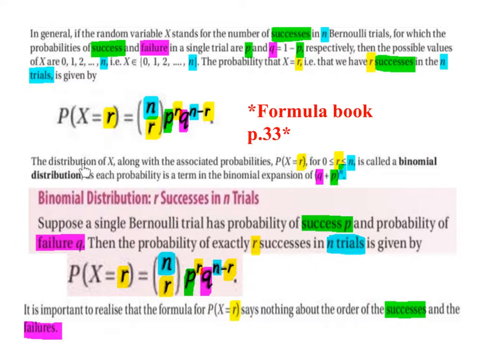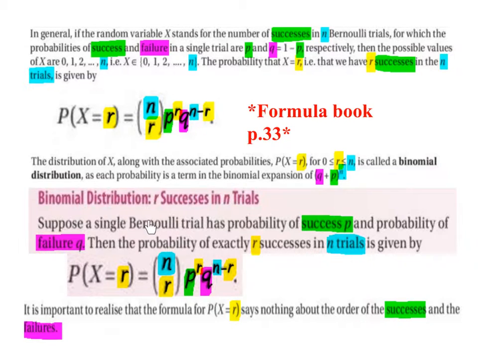The distribution of X, along with the associated probabilities, the probability of X is equal to r, for r greater than or equal to 0 and less than or equal to n, is called a binomial distribution, as each probability is a term in the binomial expansion of Q plus P to the power of n. Binomial distribution, r successes in n trials.